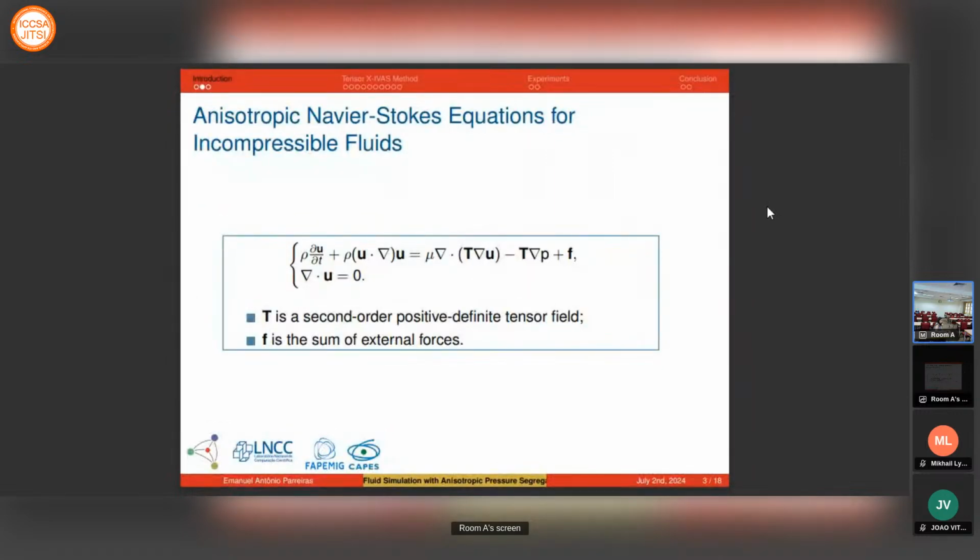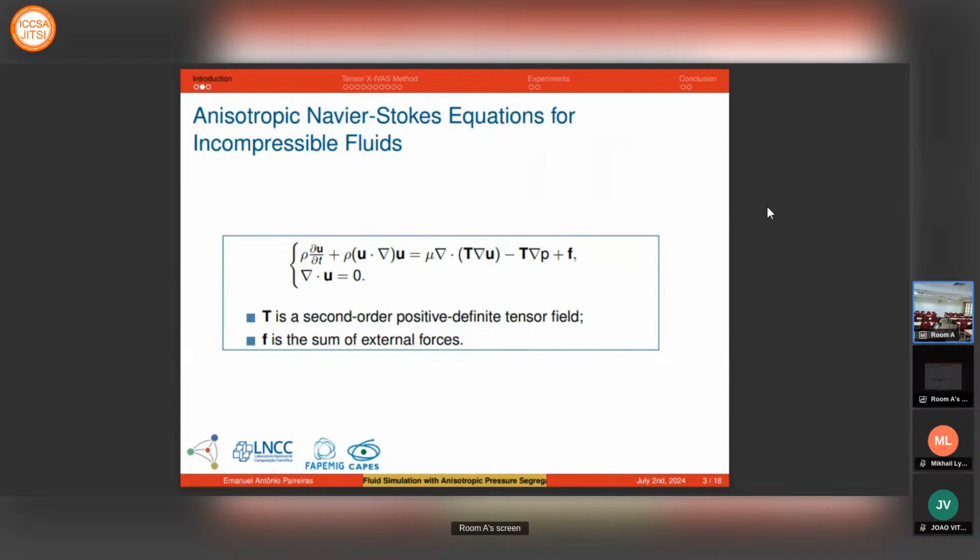Firstly, we have the mathematical model we use. It is a different version of the Navier-Stokes equations for incompressible fluid flow. In this version, we have the second order tensor field T that will deviate the gradient of P and is used as a diffusion tensor in the viscosity term.